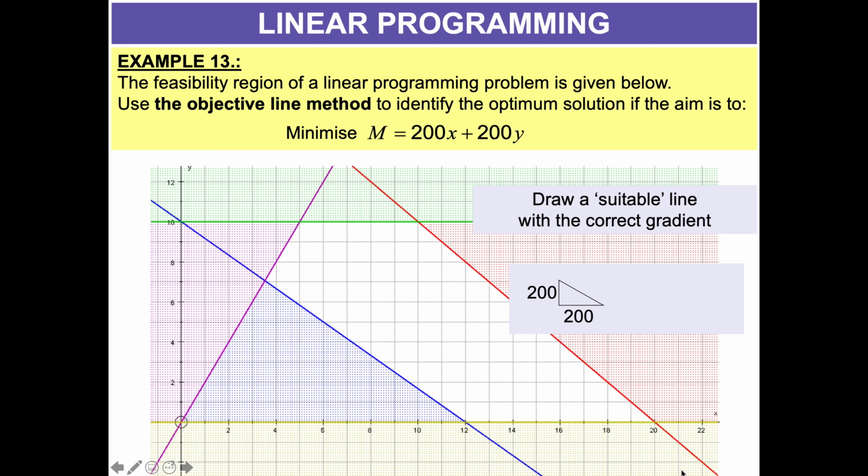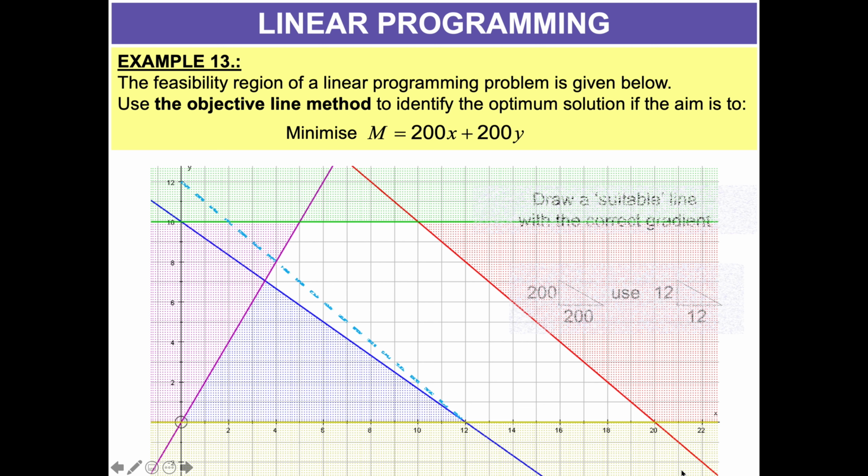But if you're just going to draw one on the x-axis and one on the y-axis, then it will be really, really small and very difficult to see. 200, 200 is for this scale also not suitable, but what you can use is 12 and 12 or 6 and 6. Okay, so if you use 12 and 12, that will be your initial line.